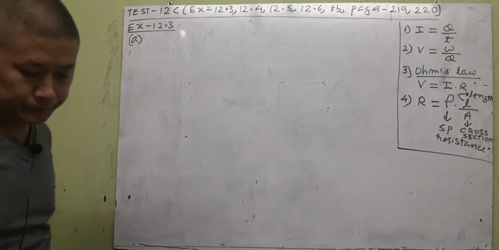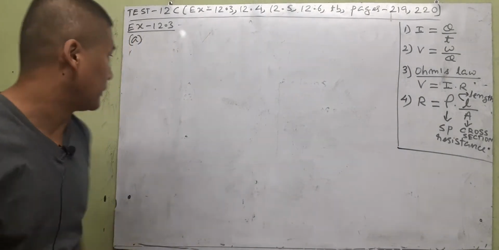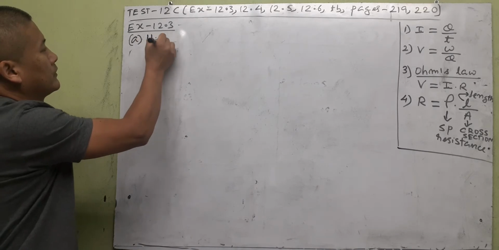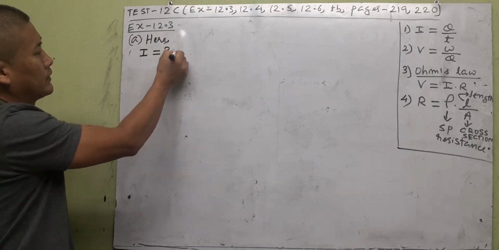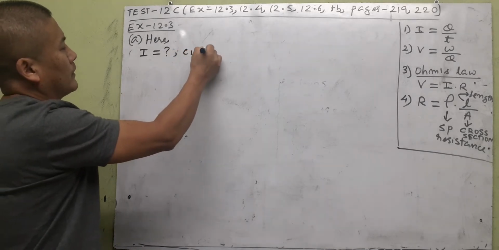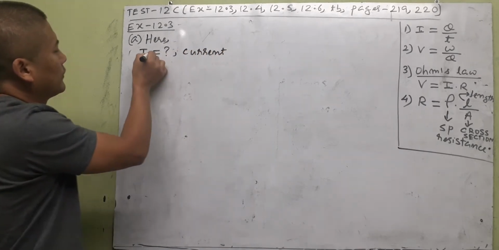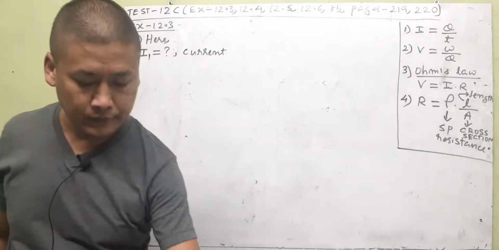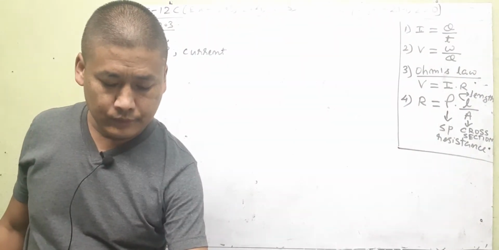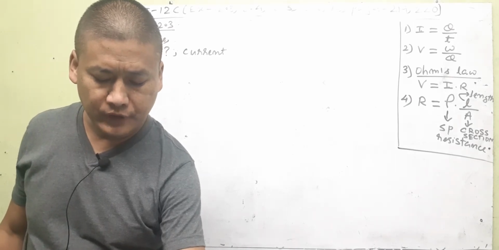First one, A, how much current? As we read the question, let's start writing. I is the one indicating current, so let's put current there. Maybe you can put I1 because in B there is another current you have to calculate. Will the electric bulb draw from a 220 V source?